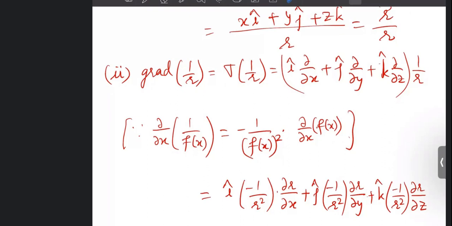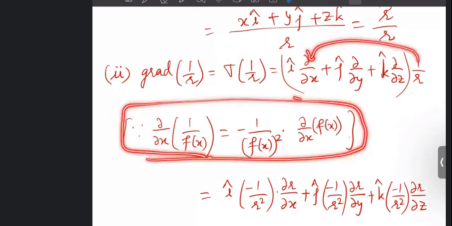This rule will be applicable for each one, that is with respect to x, with respect to y, and with respect to z.